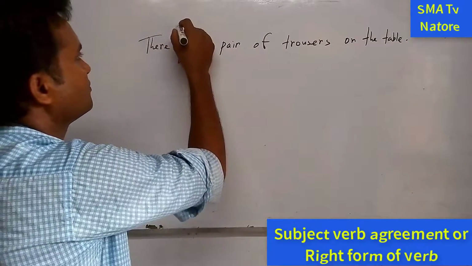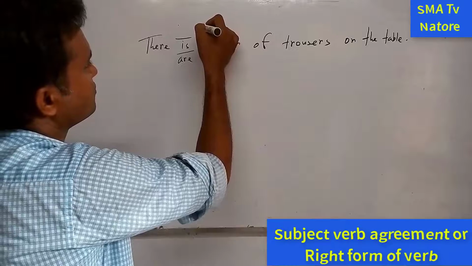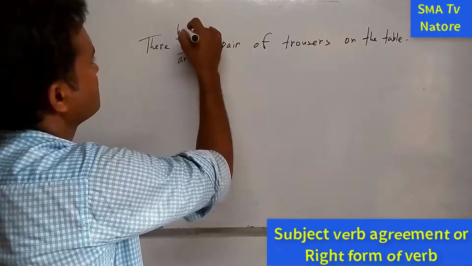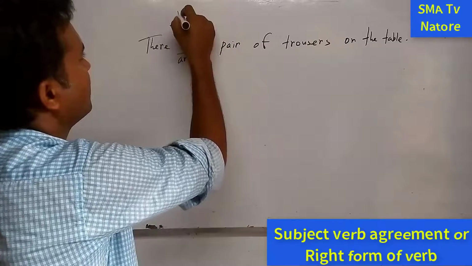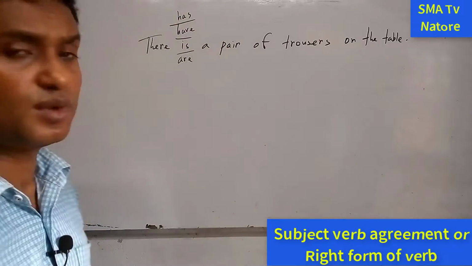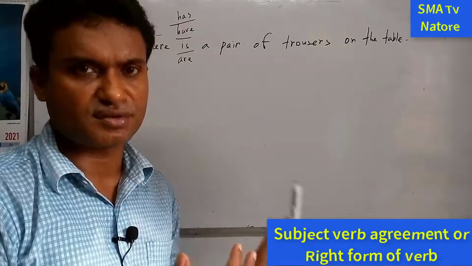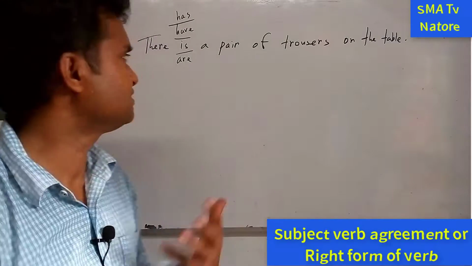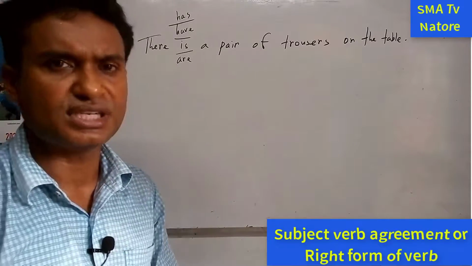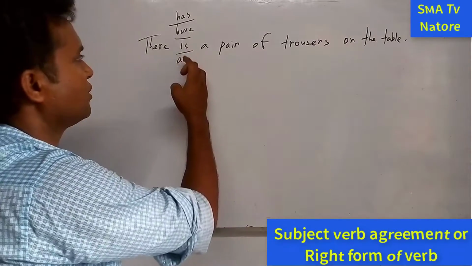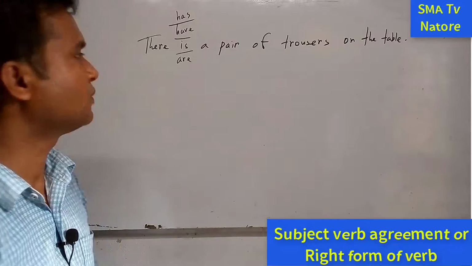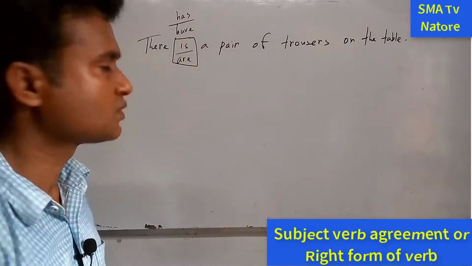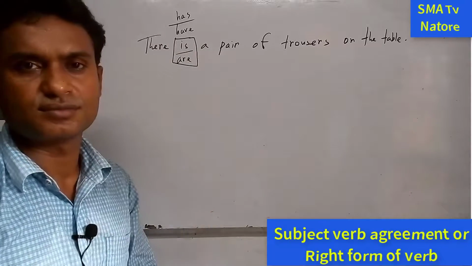Or have or has? The tense also depends on it. Generally, if we are using the present tense in this form, we can use is or are. First, we will discuss this part: is or are.